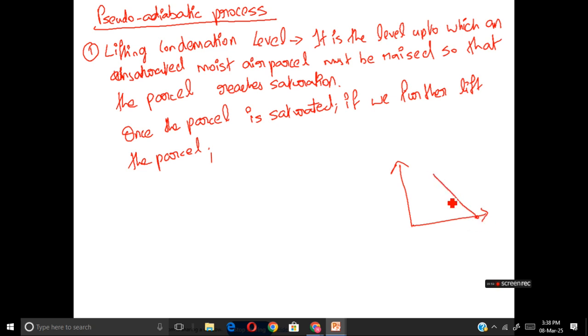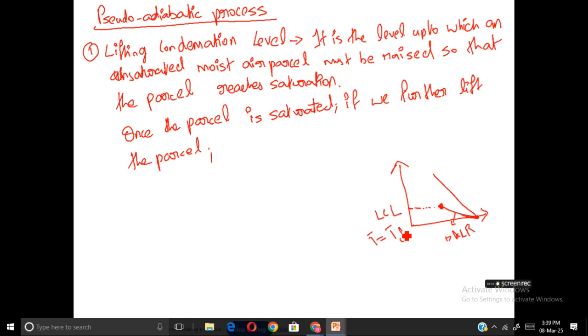There is a parcel being lifted in the atmosphere. As we lift it, the temperature of the parcel will reduce according to the dry adiabatic lapse rate (DALR), and at some particular point the parcel will become saturated (LCL), and the actual temperature of the parcel will become equal to the dew point temperature, which is the temperature required for the parcel to become saturated. So at that point it reaches the LCL, or lifting condensation level.